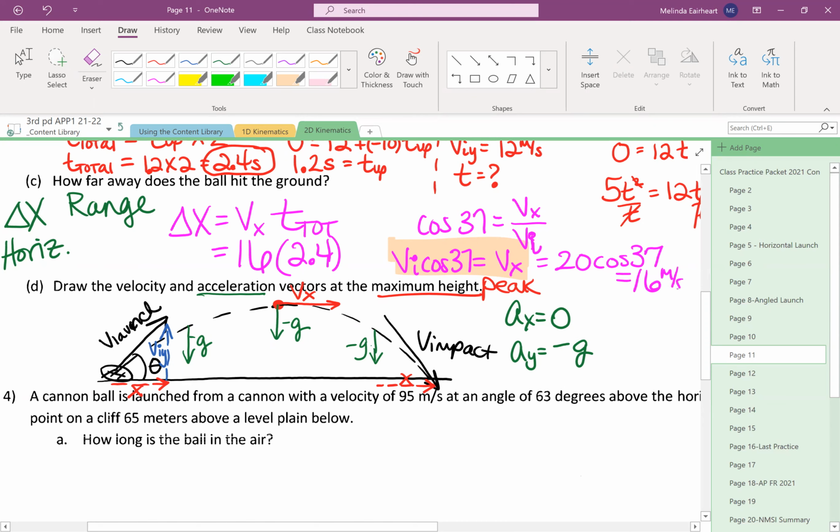And so 16 times 2.4 is a final range answer of... Oh, it's 15 instead of 16. No, I'm just saying it's like. Okay, well, give me the answer and I'll let you go. 38. Okay, no, that makes sense. 32 times 2. And so 38.4 meters would be your final range, okay?